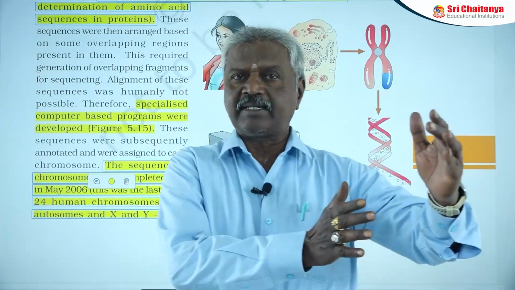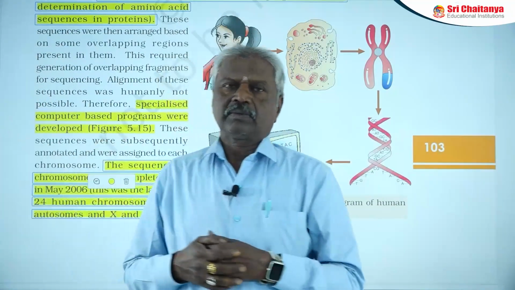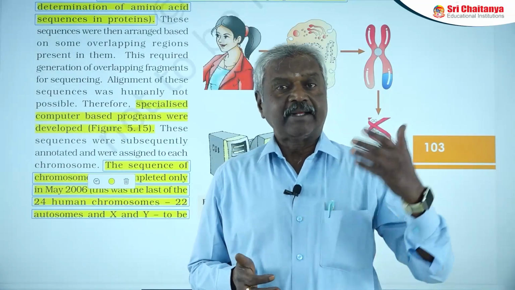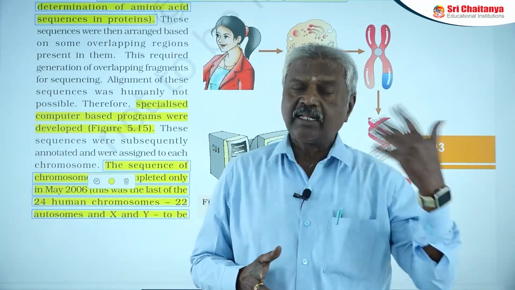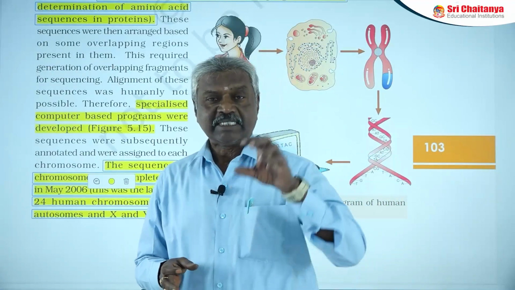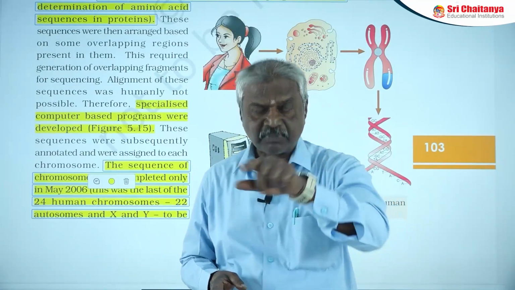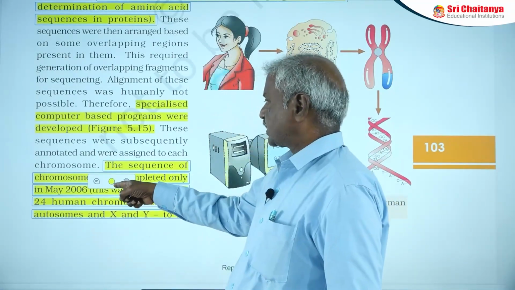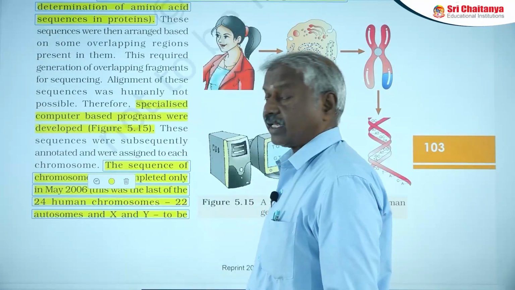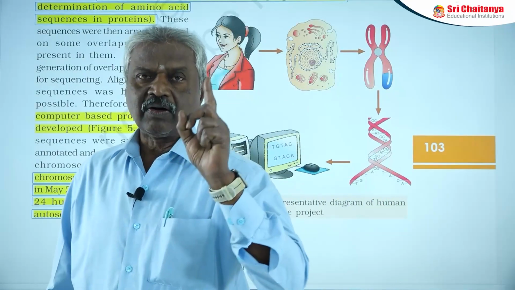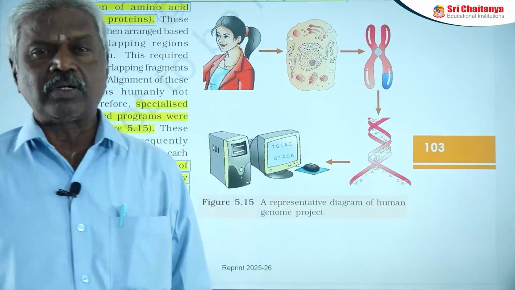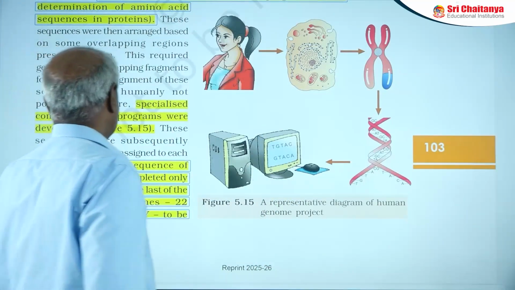Started in 1990 to 2003, the International Consortium of the Human Genome Project declared that the project was completed with an accuracy of 99.99%. This is the most important point. In the month of May 2006, chromosome 1, on which the maximum number of genes are present, was completed.